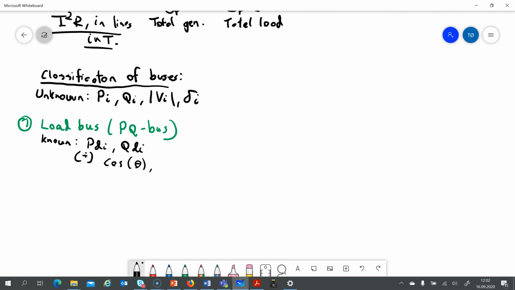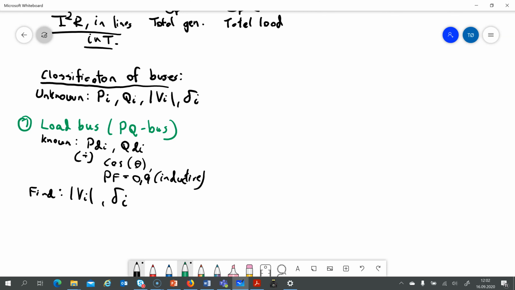It's often given as 0.9 inductive or something. It's typically specified in that manner, and you need to find then the voltage level and the angle for the voltage.